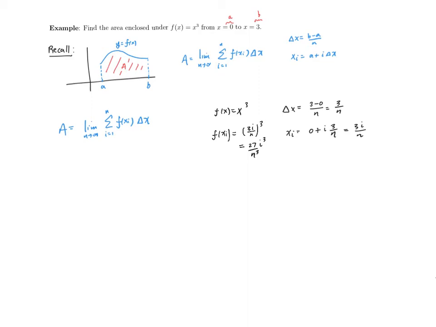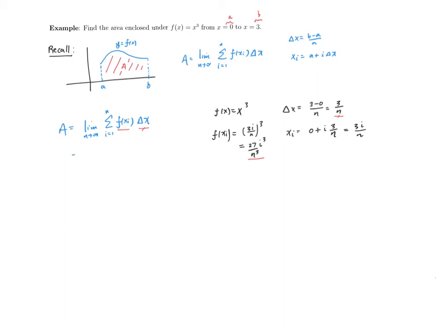So in terms of the quantities we need to rewrite, we have f of x sub i and delta x. Let's go ahead and substitute those quantities into our sum, see if we can use our common formulas we've previously introduced, and then calculate the limit.